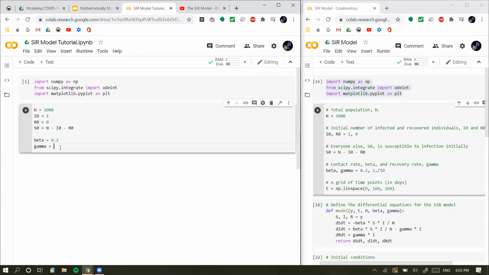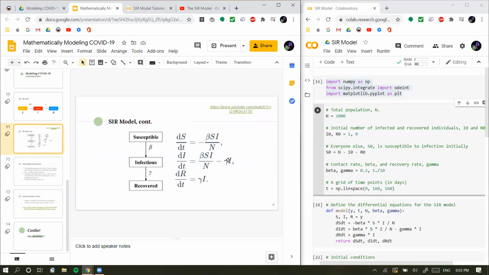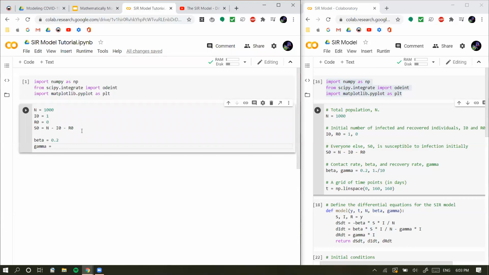So if it takes 10 days for someone to recover, which in this case it does, 1 over 10 is going to be the value of gamma over here. So this is gamma, that funny looking Y thing. So we're going to say gamma is equal to 0.1 because 0.1 is 1 over 10 and it takes 10 days for someone to recover.